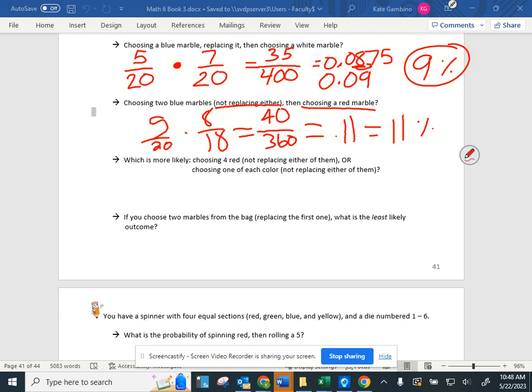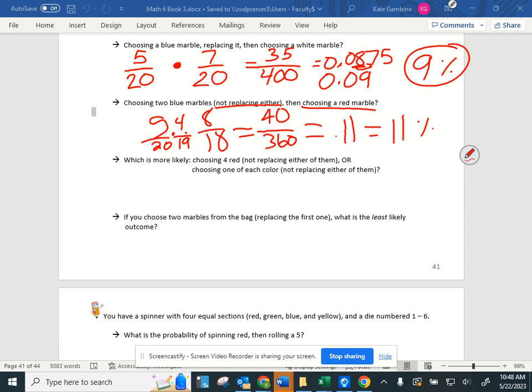So I did the 5/20. That's 1 blue marble. Then I need to choose a second blue marble. I didn't replace my first blue marble, so now there's 4 blue marbles in my bag, and there are 19 marbles in the bag. So we can't say 5 over 20 and call that 2 events. That's only 1 event.